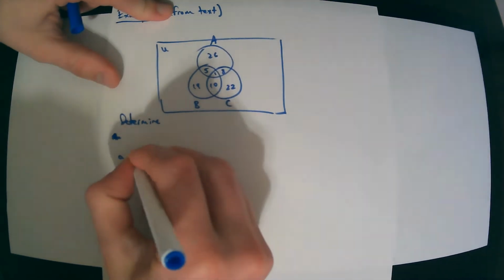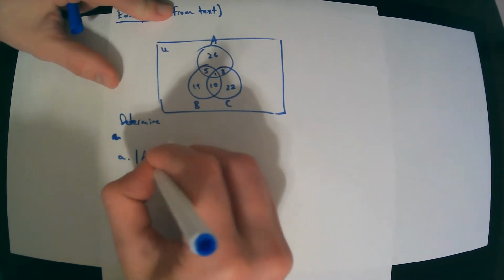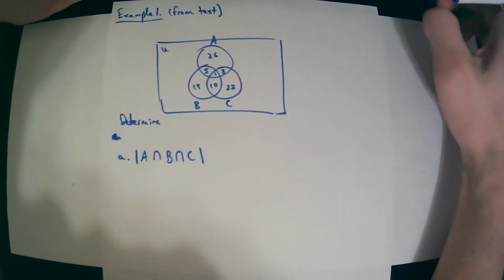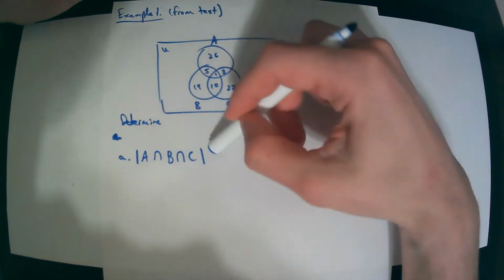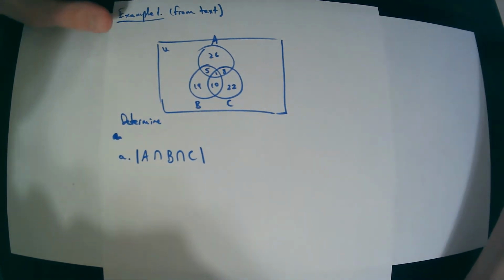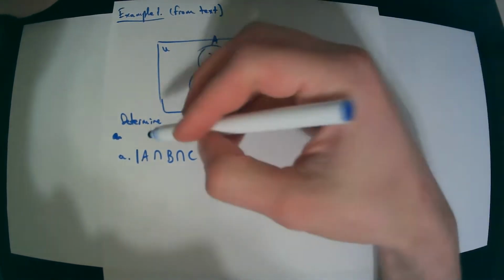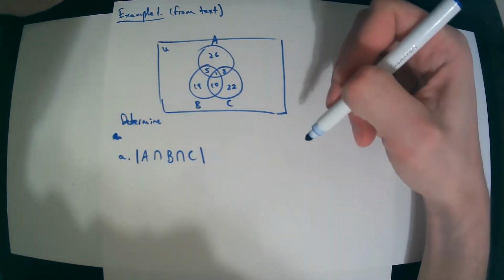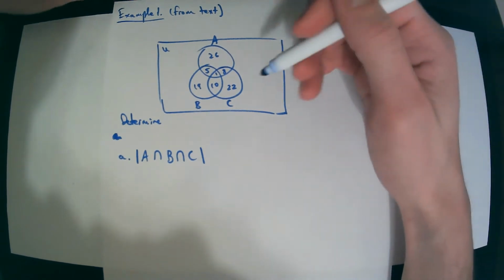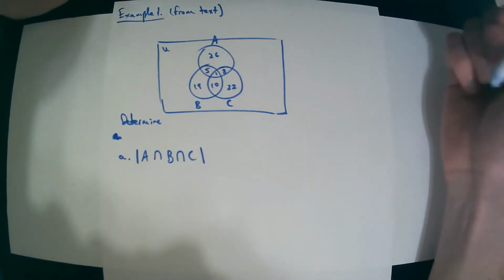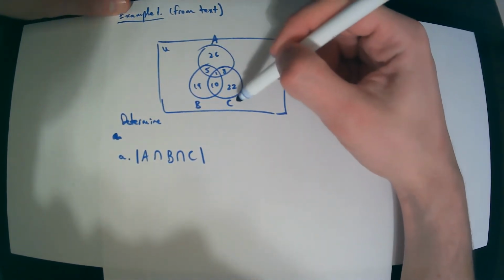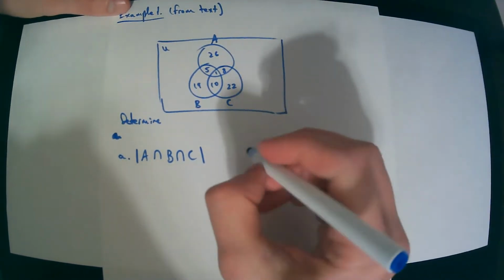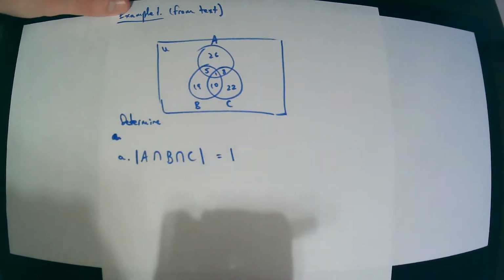So let's find the cardinal number of A intersect B intersect C. That's the intersection of all three sets, A, B, and C. So how many elements are in this intersection of all three sets? Well, there's only one element inside of all three sets. That's denoted by that 1 right in the middle. So this is 1. Cool.